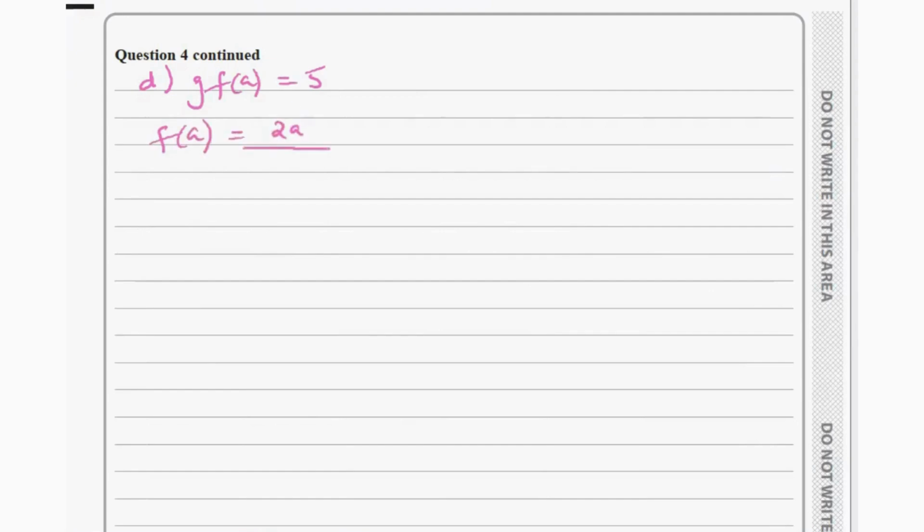So 2a over 3a minus 5. So g of f of a is going to be, we're going to replace the x in g with 2a over 3a minus 5. So 3 plus 2 ln of 2a over 3a minus 5. So this equals 5.